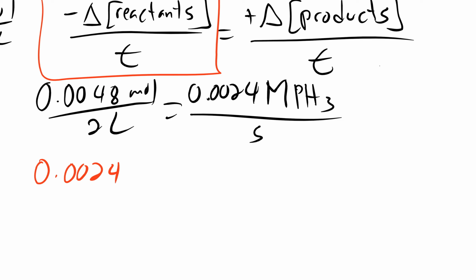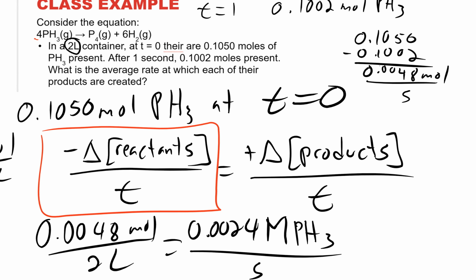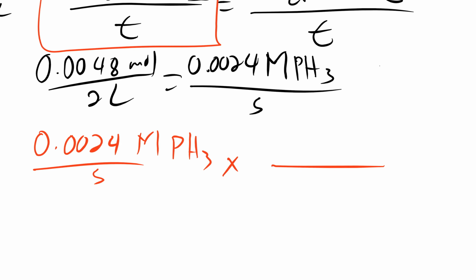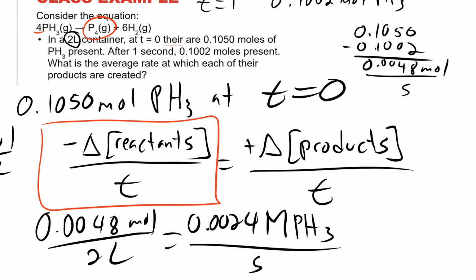0.0024 molar PH3 times, for every 4 moles of PH3, there is 1 mole of P4.